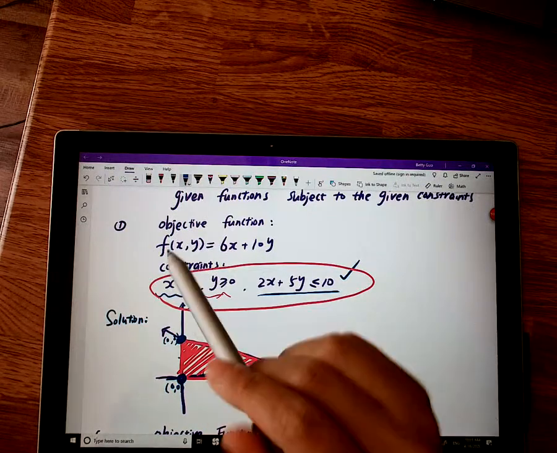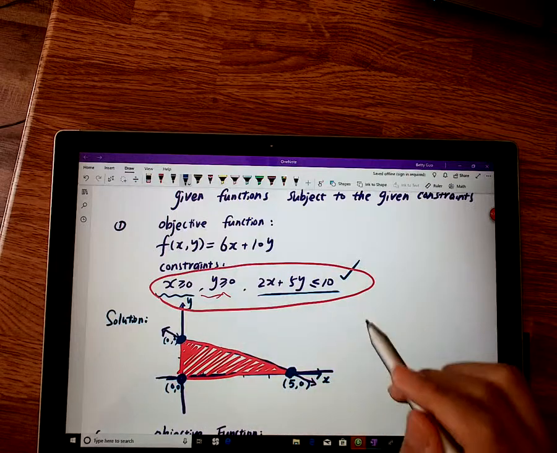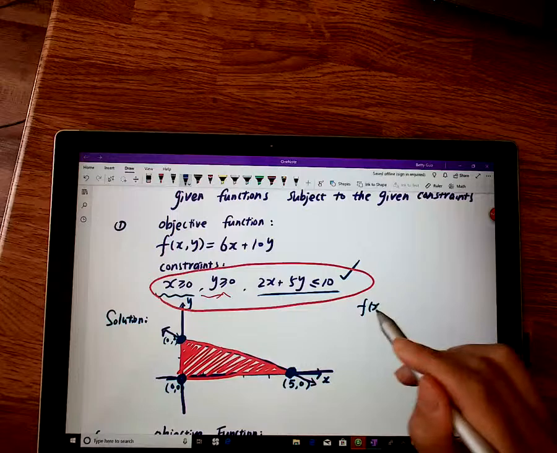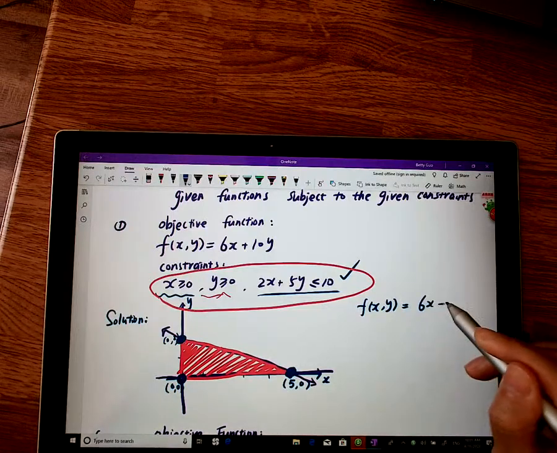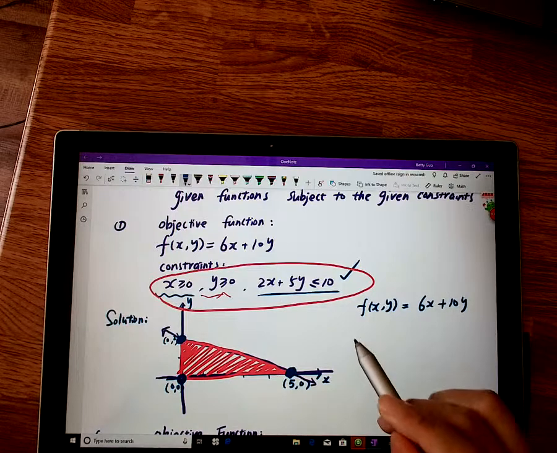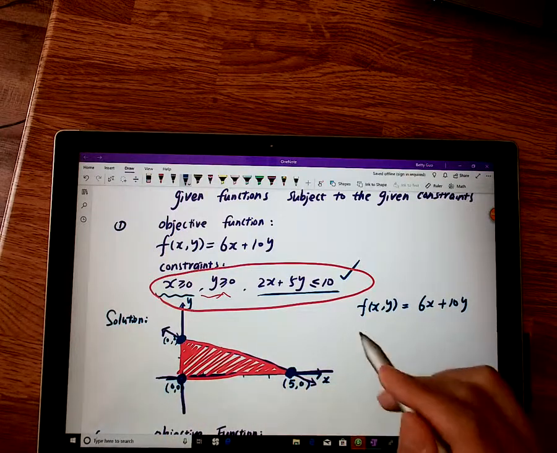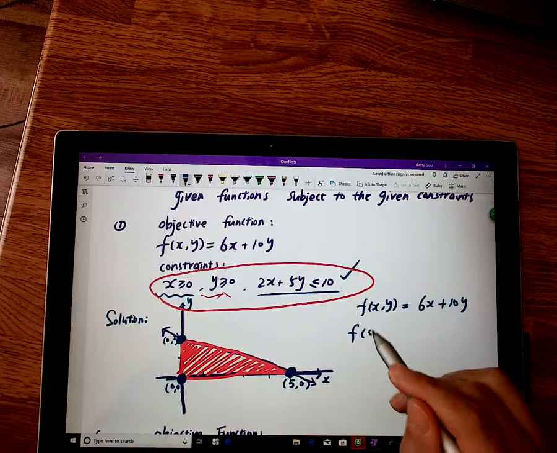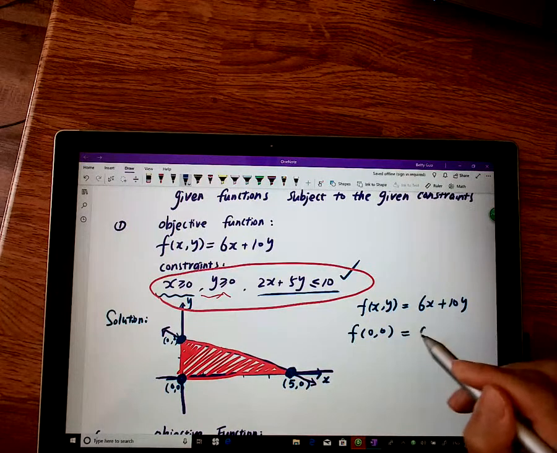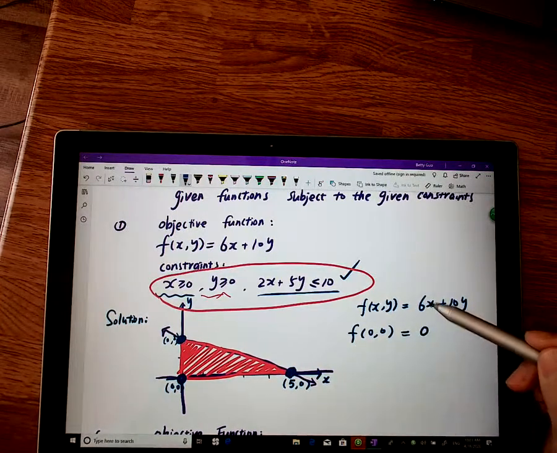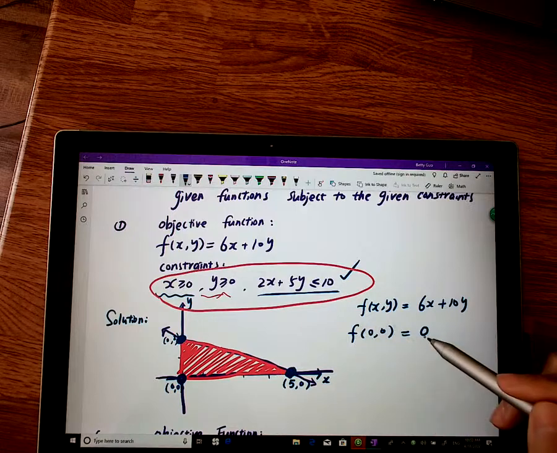We are going to evaluate the objective function at those 3 vertices. The objective function is f(x, y) equals 6x plus 10y. The order doesn't matter. Let's try f(0, 0) first. Plug in x equals 0, y equals 0, and of course we have 0.